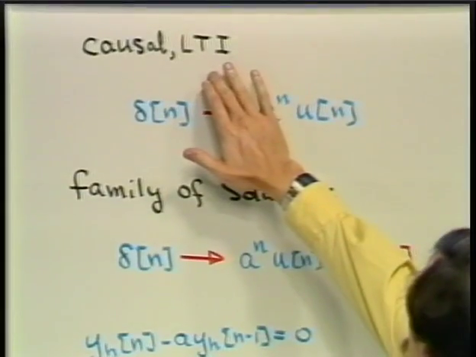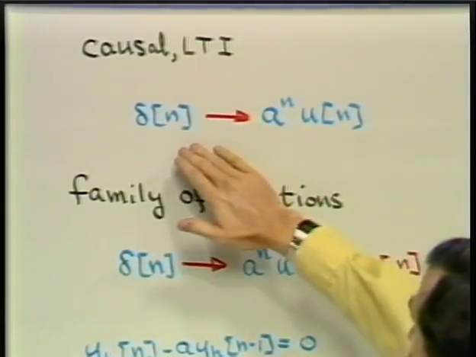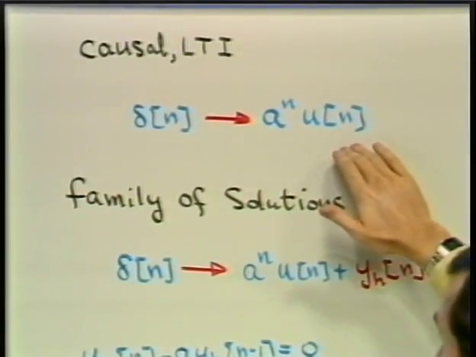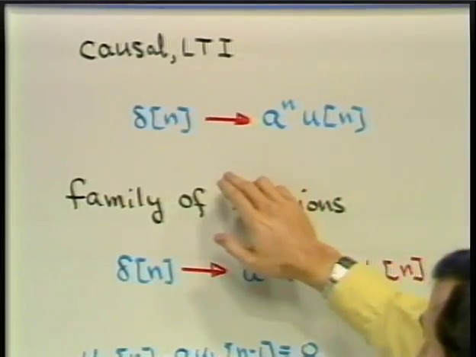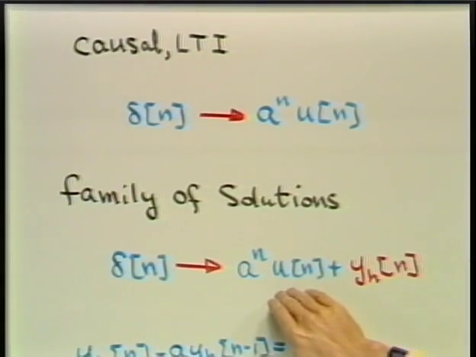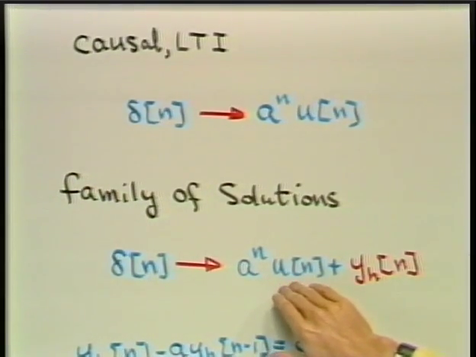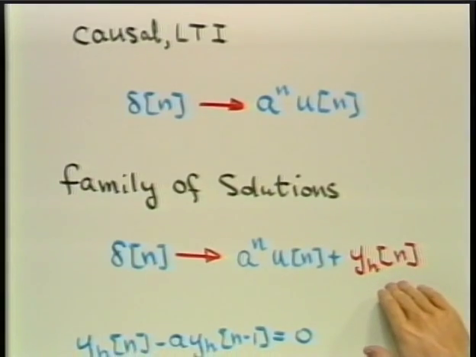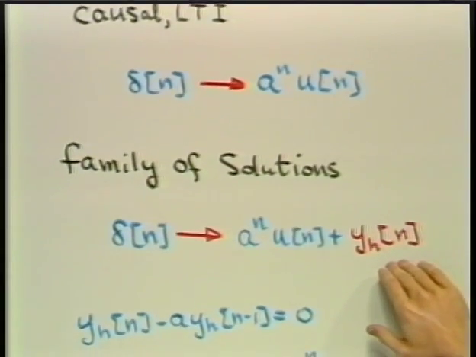So here we have the causal linear time invariant impulse response. In fact, with an impulse input, all of the possible solutions are that impulse response plus the homogeneous solutions.